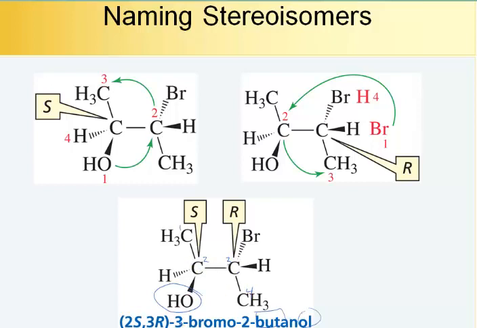On carbon 3, we have a bromo. So to identify which one is S and which one is R, we're going to use the same numeric identifier for our carbons that we would use for any other substituent, and call it 2S, 3R, and that's in parentheses, dash 3-bromo-2-butanol.